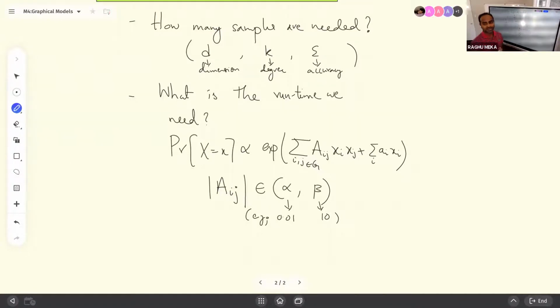You can think of these as coming from a range like 0.01 to 10. These are reasonable numbers. We don't want the complexity in terms of these numbers. We're really interested in the complexity in terms of the dimension and the degree. And the same for the A_i.